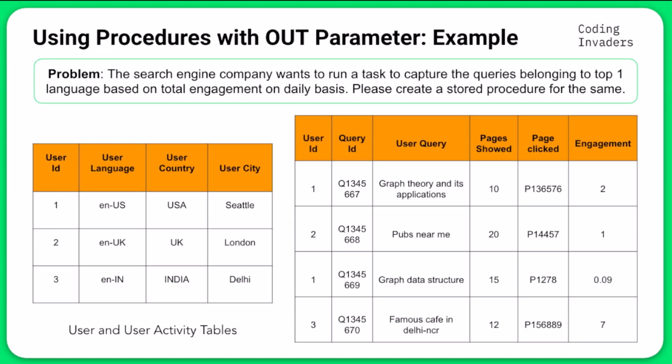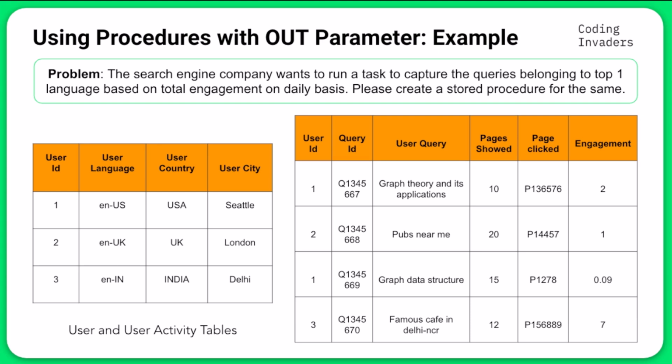Let's try to understand it by example. Here the problem statement is, the search engine company wants to run a task to capture the queries belonging to the top 1 language based on total engagement on a daily basis. Please create a stored procedure for the same.